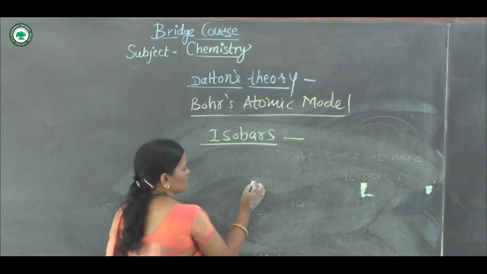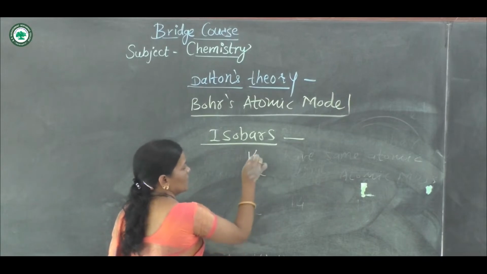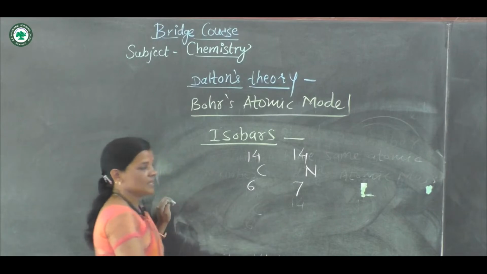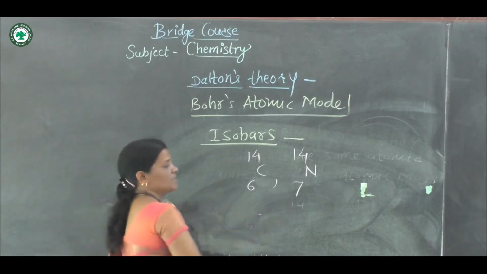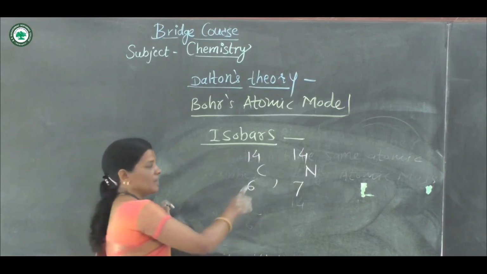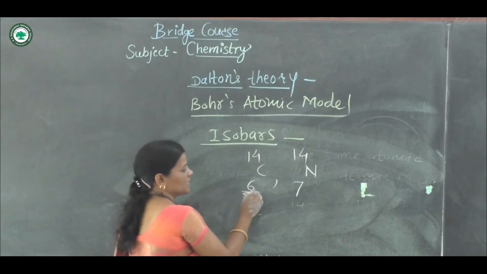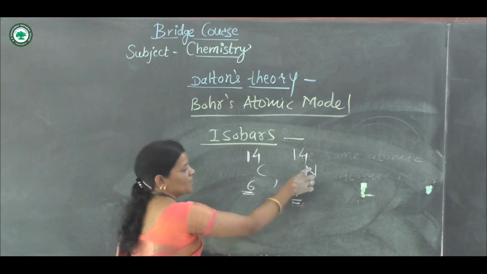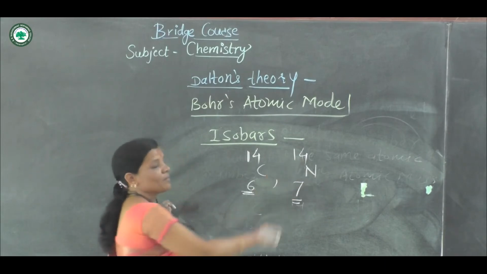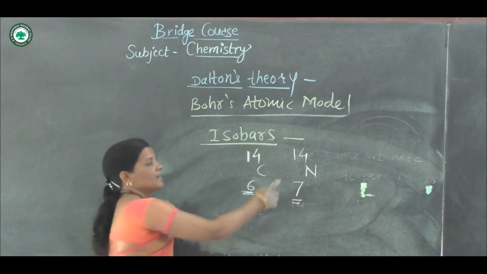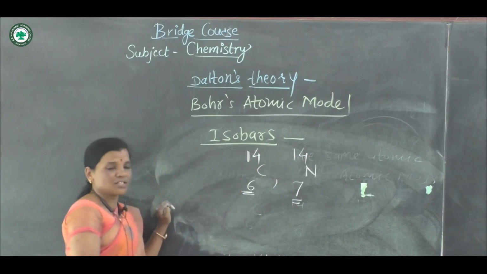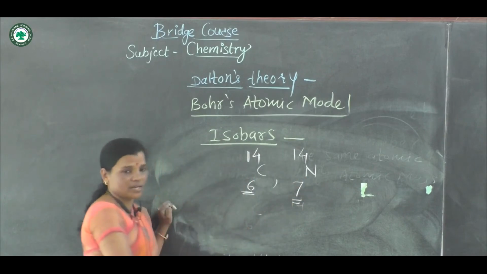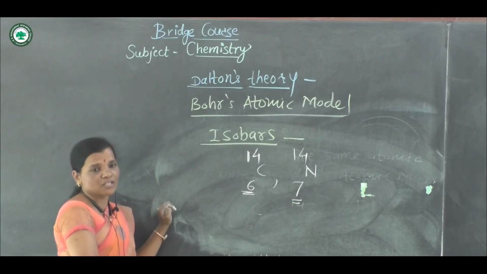For example, 6C14 and 7N14. Here the atomic number of carbon is 6 and its atomic mass is 14. The atomic number of nitrogen is 7 but its atomic mass is 14, which is the same as carbon. So 6C14 carbon and 7N14 nitrogen are said to be isobars of each other.